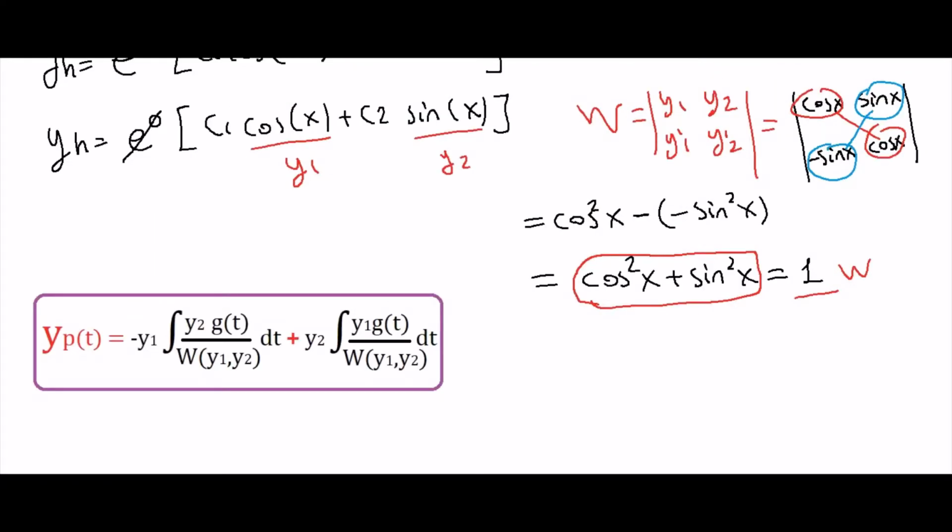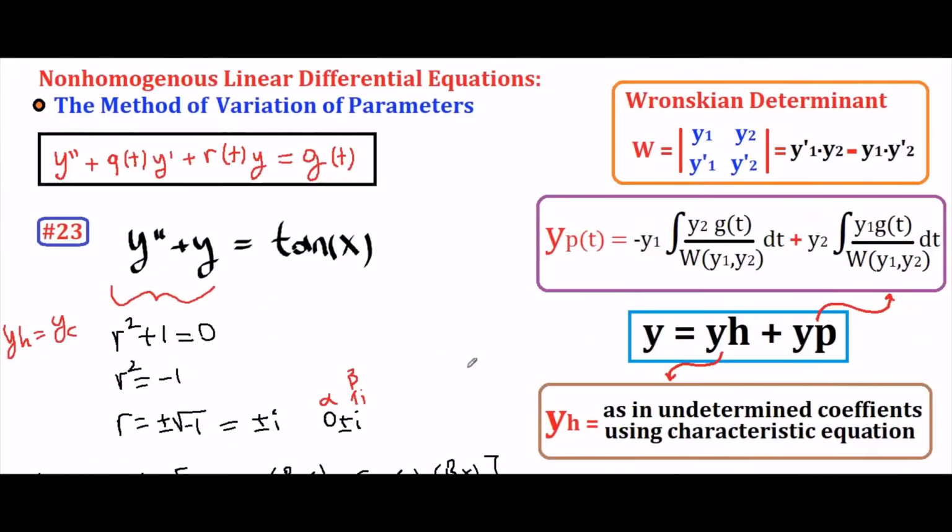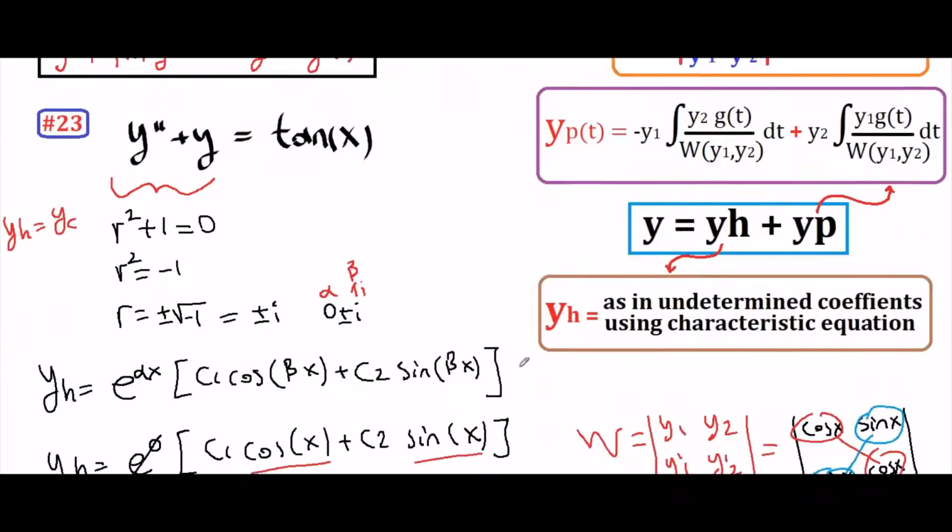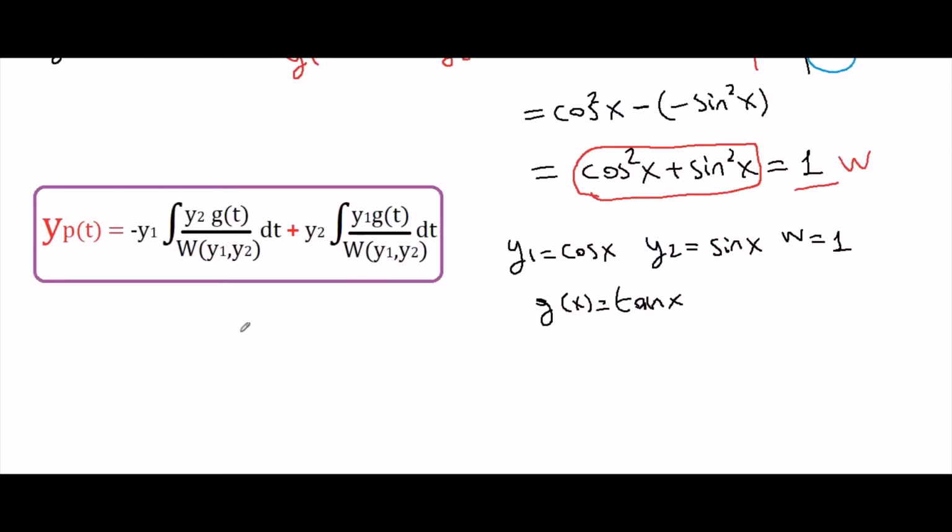Now let's plug everything in our formula. Our y1 is cosine of x, our y2 is sine of x, our Wronskian determinant is 1, and our g of x is tangent of x in the original problem here. Now we're going to plug everything in and compute the integrals.